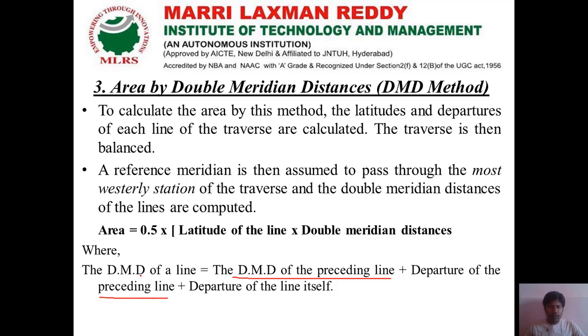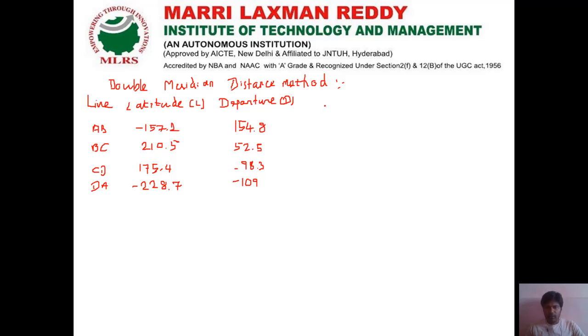Now let us move on to the problem. They have given only the departure D. Whatever values are here, we take them as they are: 154.8, then 52.5, then 98.3, and 109.